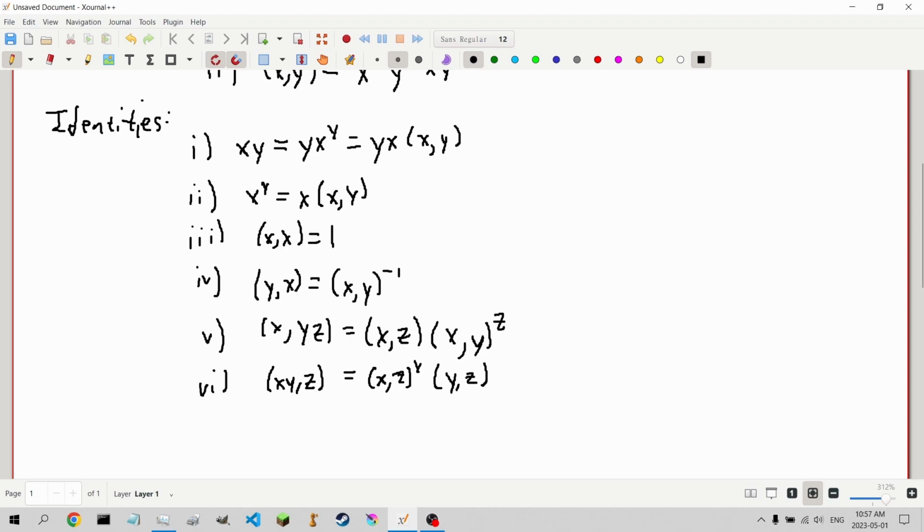And finally, we have this third setup here, which is meant to mimic, I believe, the Jacobi identity.